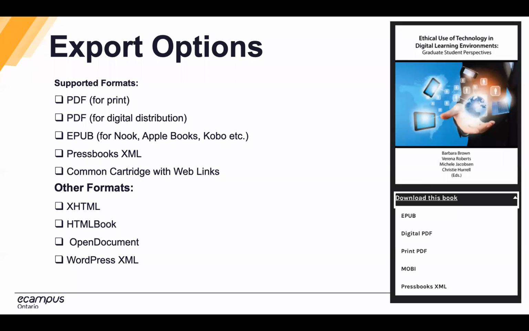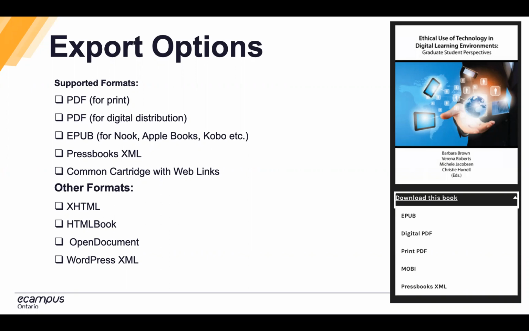Some export options: Pressbooks offers several export formats to suit different distribution and accessibility needs. Whatever export type you select will be available in the download this book drop-down menu under the book cover. You can see on the right-hand side, under the drop-down menu for download this book, there's a variety of export files available.